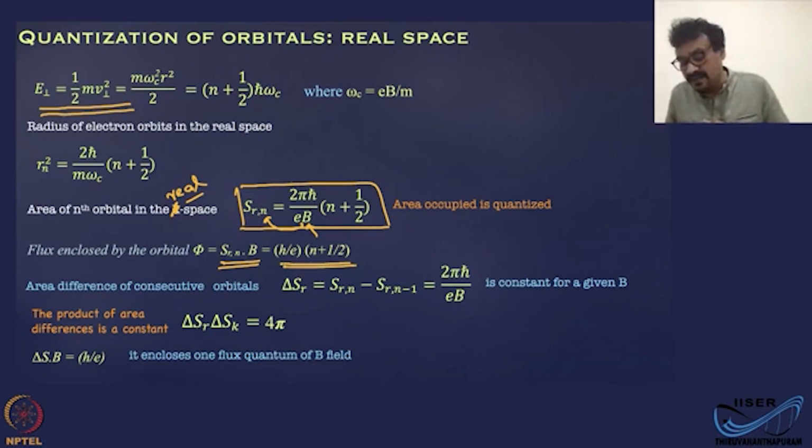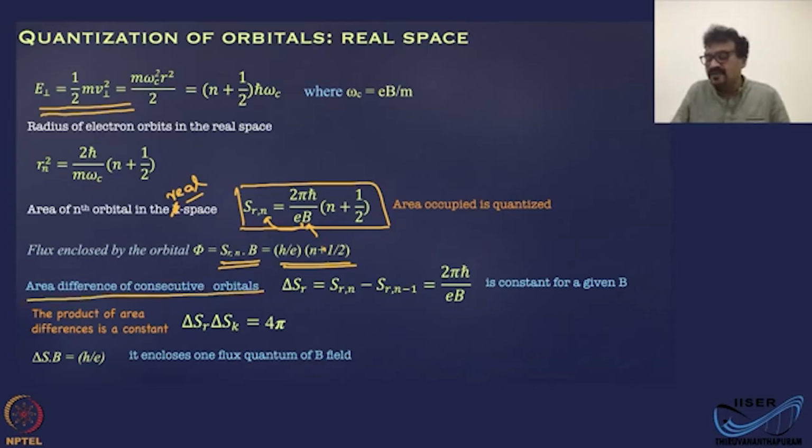It's really surprising, because just by simple treatment, what you are seeing now is that the flux enclosed by any orbital is quantized in units of h/e, where h/e is the flux quantum. The quantized magnetic flux is (n + 1/2) h/e. So now the area difference between successive, consecutive orbitals, delta S_R, is also quantized.